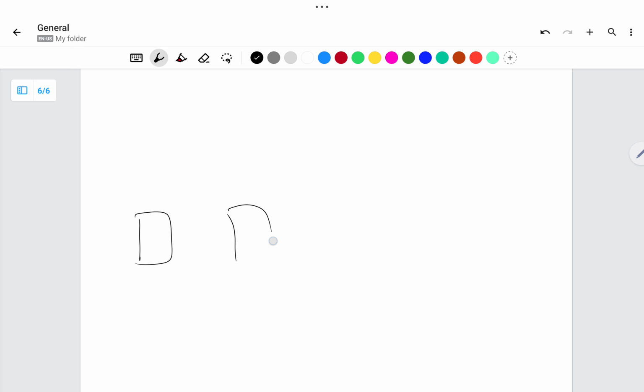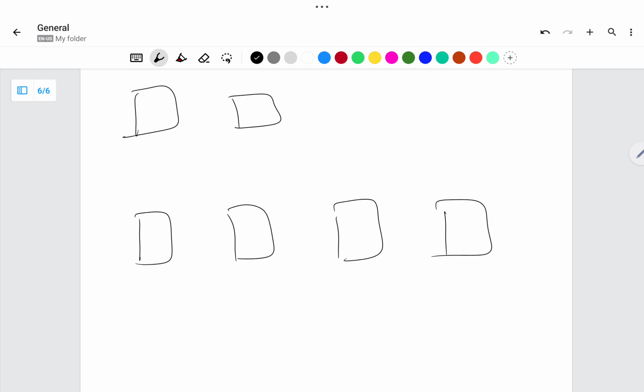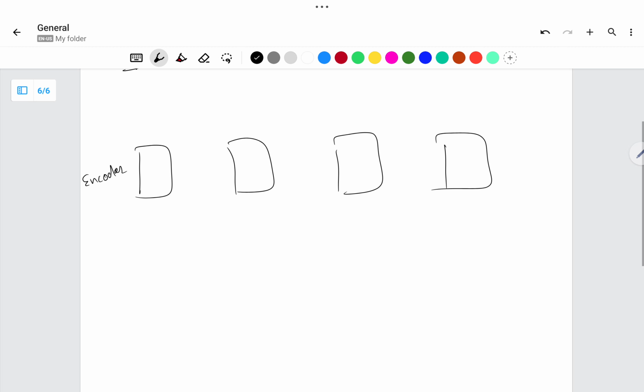Let me draw the architecture again. Let's say these are our encoder blocks, these are our decoder blocks. We gave A, B, C, D as inputs at different time steps.